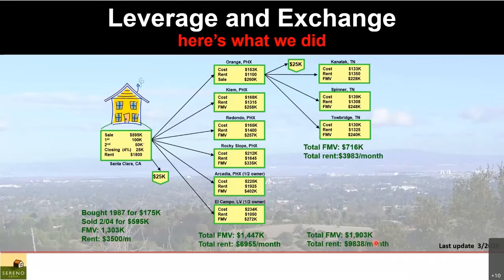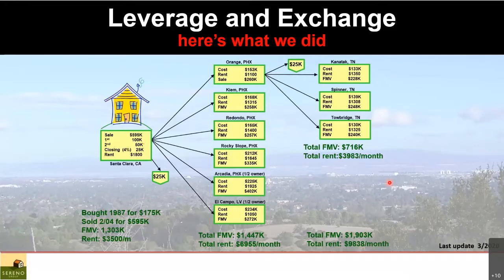So almost 2.5 to 3 times better cash flow, and equity builds up faster because we could use leverage, compared to actually keeping the property here in Silicon Valley. So building equity, doing an exchange, that's the example that Laura asked for. This is our own personal example, and obviously that's something we can help you do as well.